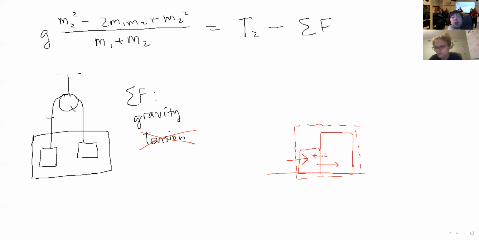However, because both of these boxes are within the system, these two forces by the boxes on each other are not counted as external forces because they're completely internal to the system.